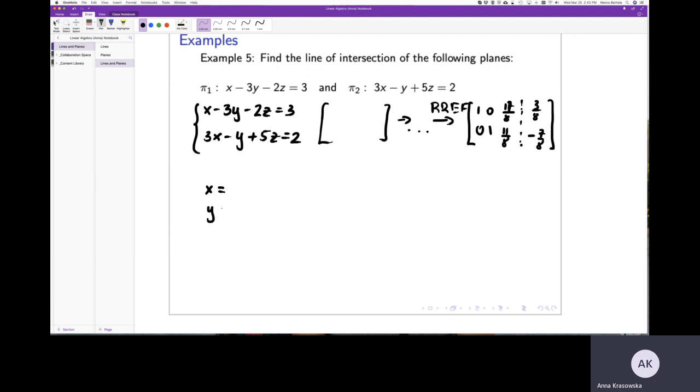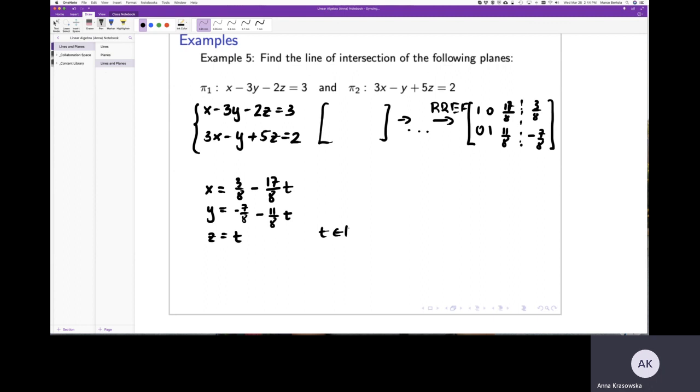x equals 3 over 8 minus 17 over 8 t, y equals minus 7 over 8 minus 11 over 8 t. We introduce the parameter t because that column doesn't have a leading one.